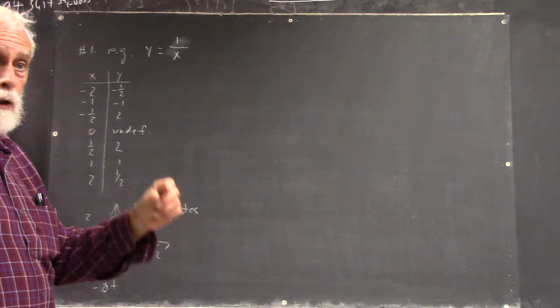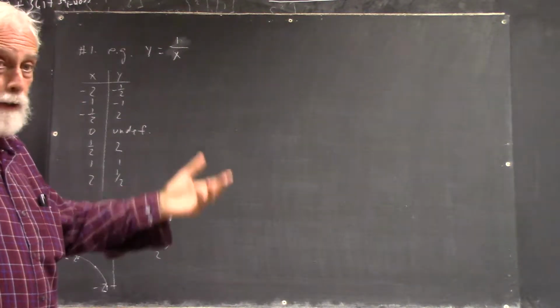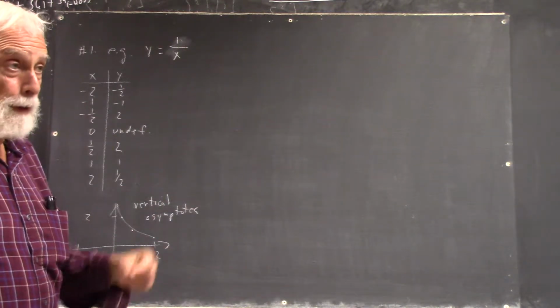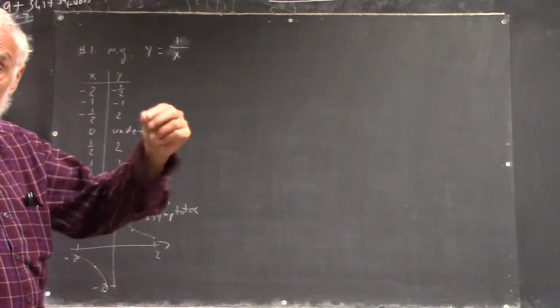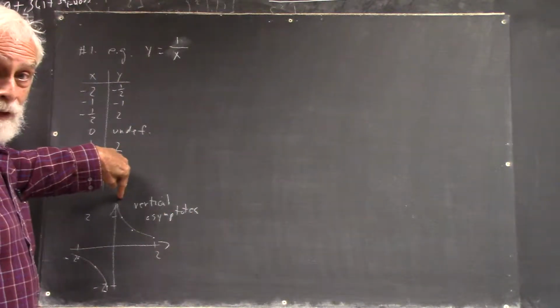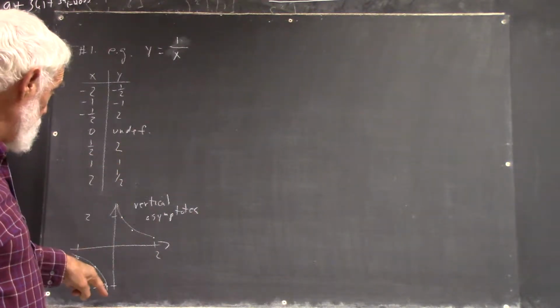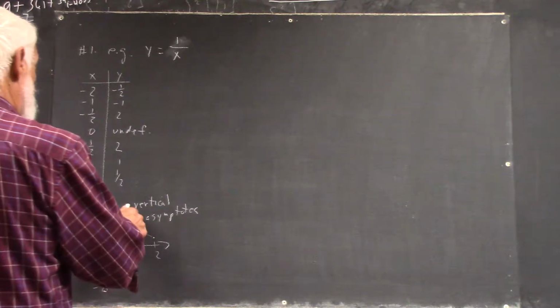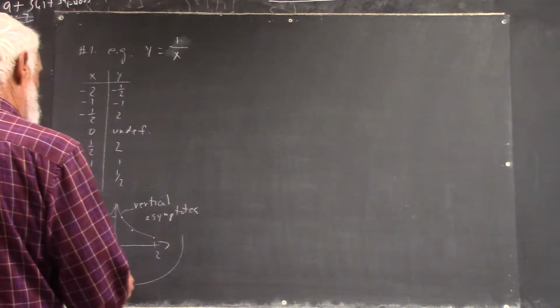If you take something smaller and smaller and smaller and divide it into 10 or whatever, you're going to get bigger and bigger results, and there's no limit to how big they get. That makes the graph approach the y-axis as an asymptote, both here and here. So vertical asymptotes here and here.